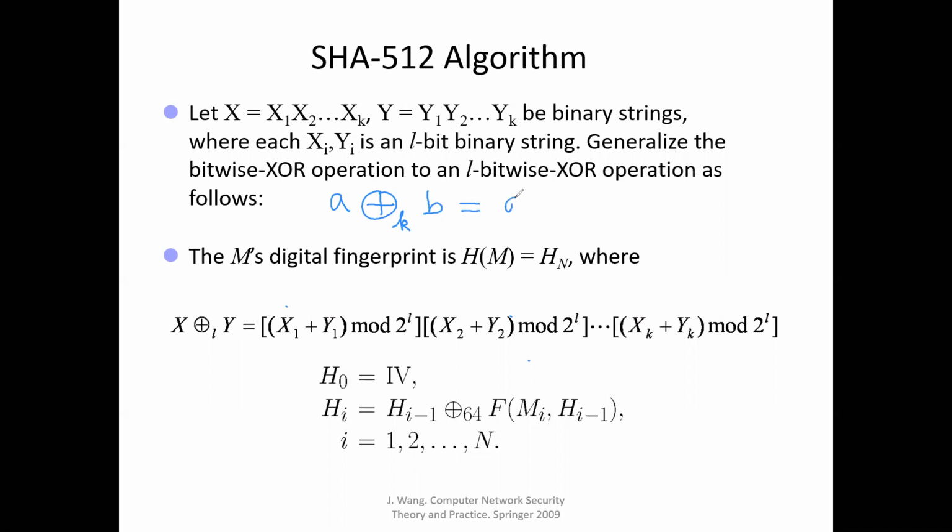So this is equal to A plus B mod 2 to the 64. Okay, so that's what this notation here means, right? So then the modular addition is just this exclusive OR sub L. So this L is equal to 64.